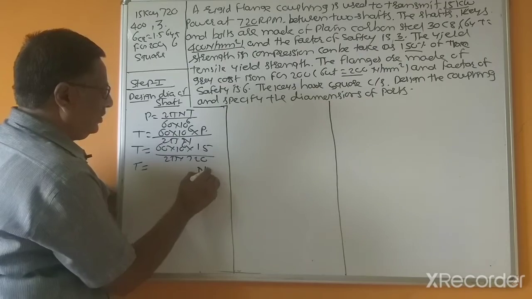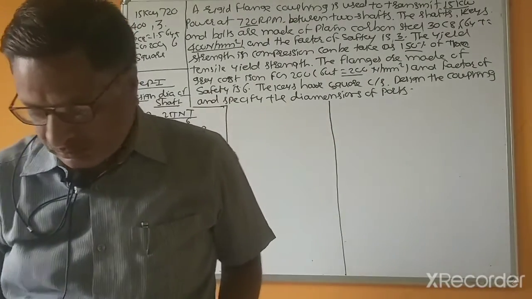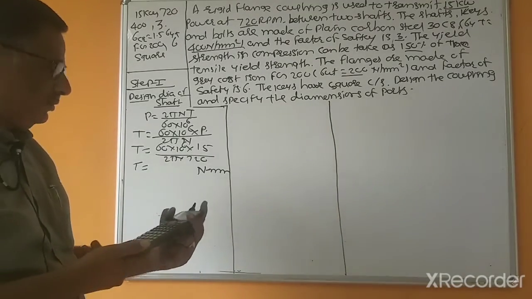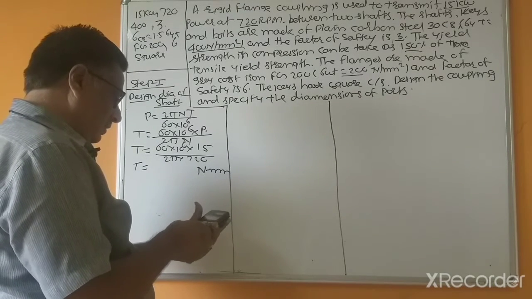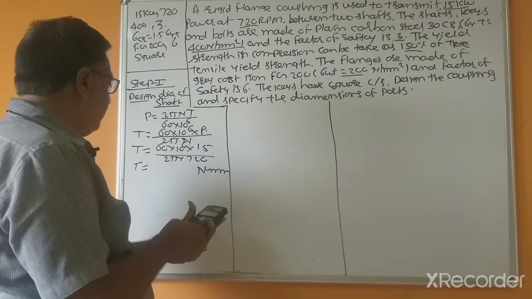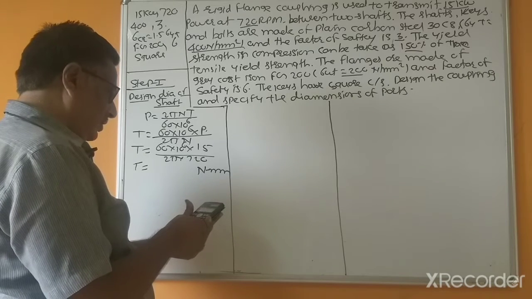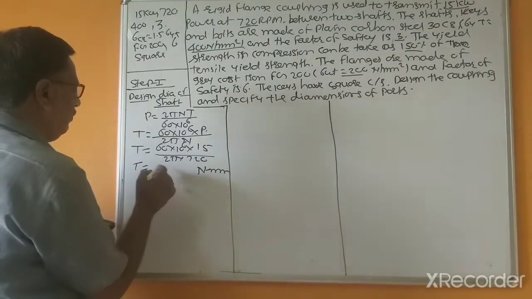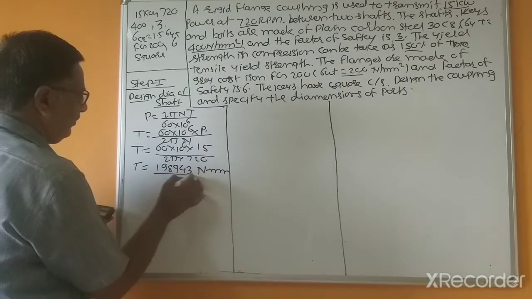So what is the torque? 60 into 10 to the power 6 multiplied by 15 divided by 2 pi divided by 720, and this is equal to 198,943.